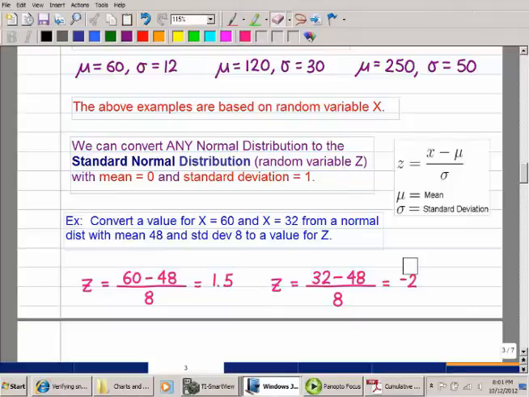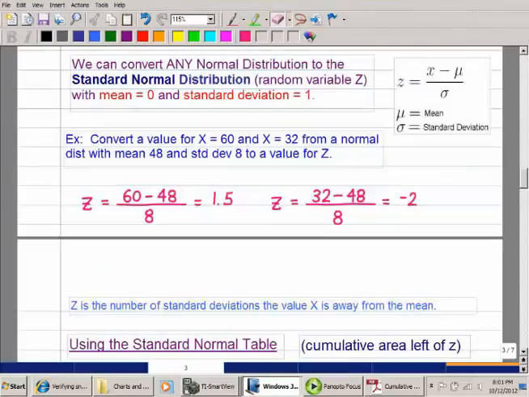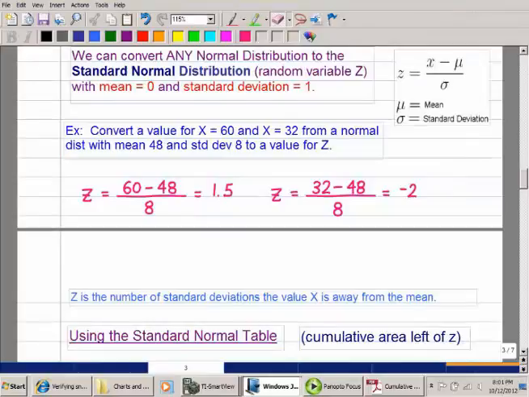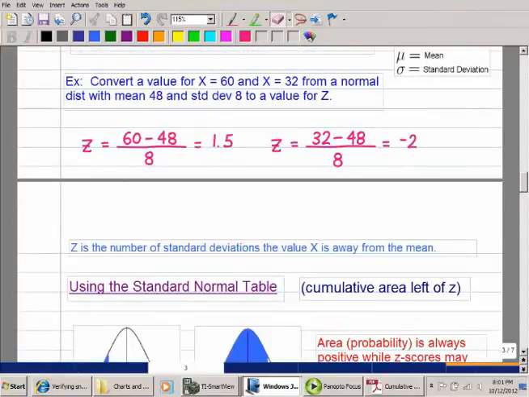So we've converted both of those x values to appropriate z values. What I have written here is that z measures the number of standard deviations that the x value is above the mean. So 1.5 indicates that that particular x value is 1.5 standard deviations above the mean, and negative 2 means the value is 2 standard deviations below the mean.